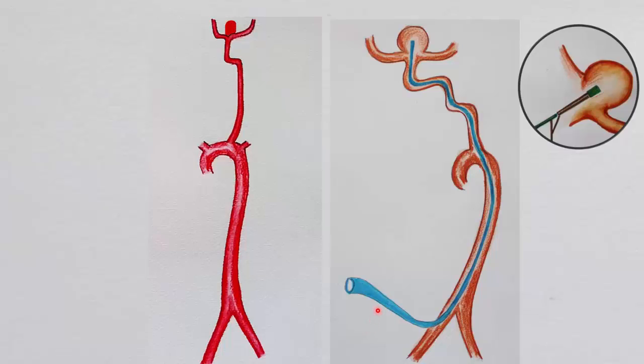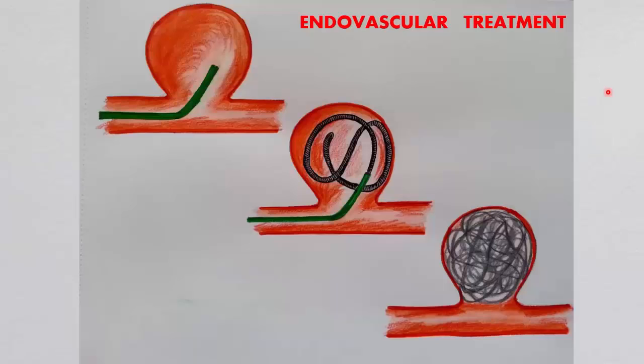This is the principle behind the endovascular treatment. In the endovascular treatment of the brain aneurysm, a small nick is made at the leg artery, and then a small catheter tube is placed across the abdominal aorta, across the neck vessel to the aneurysm. So one can imagine as if we are seeing the aneurysm from the inside of the aneurysm.